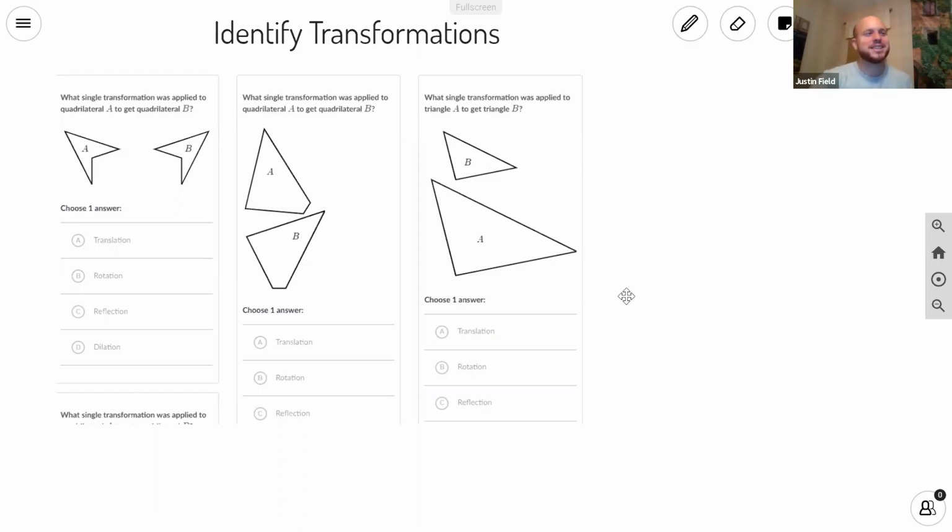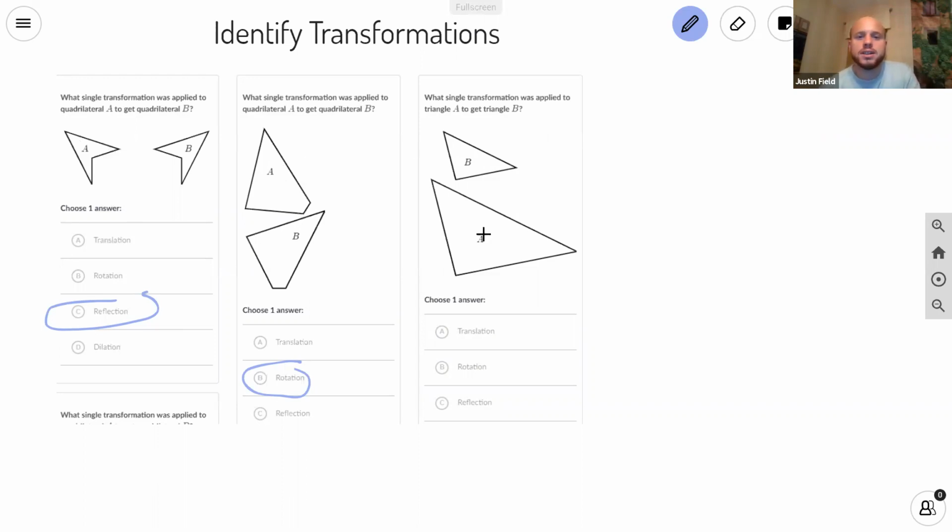Okay, so let's now identify what we have here. This A is reflected to B, that's a reflection right there. And here, that A has rotated. The orientation is turned, and that's how you know it's a rotation.